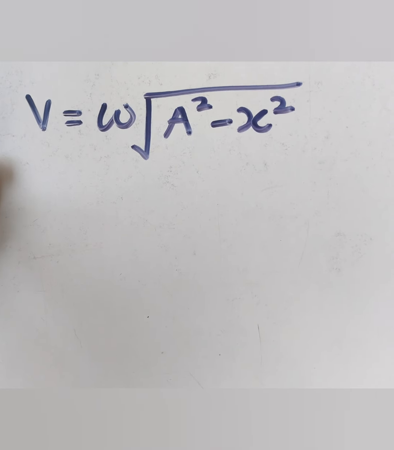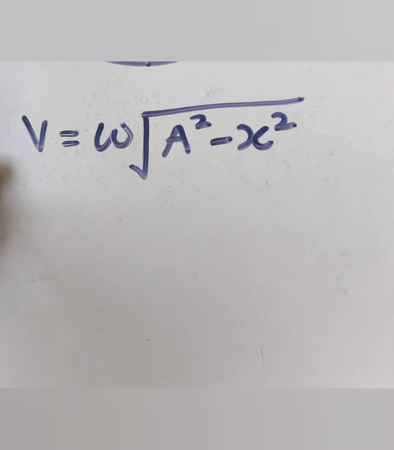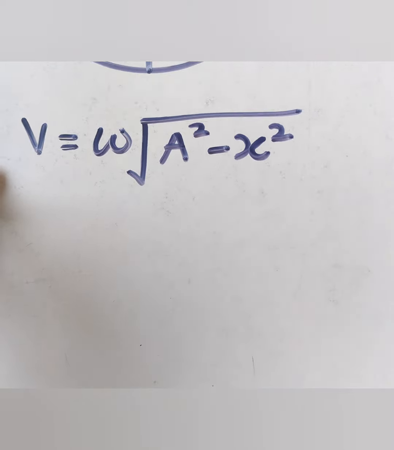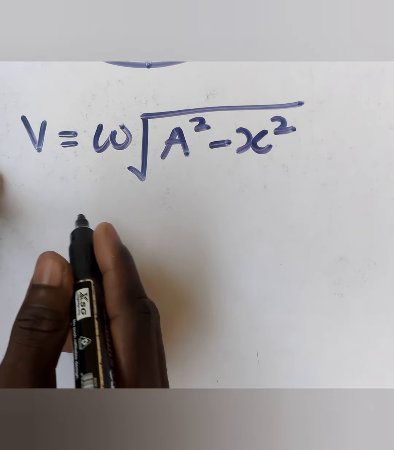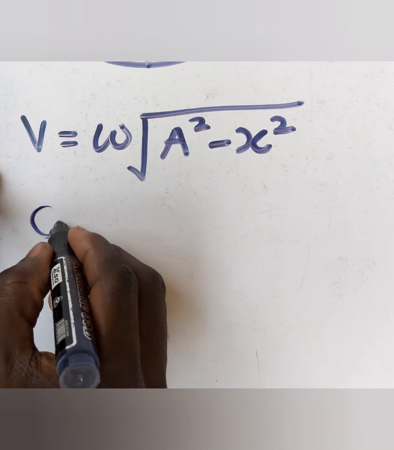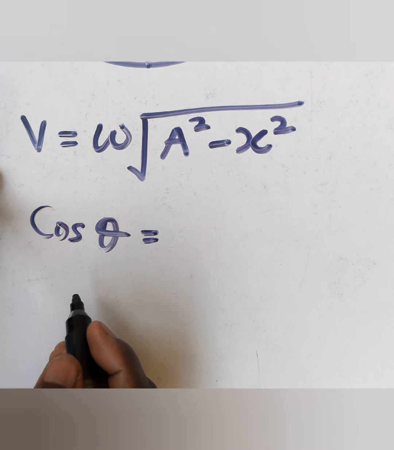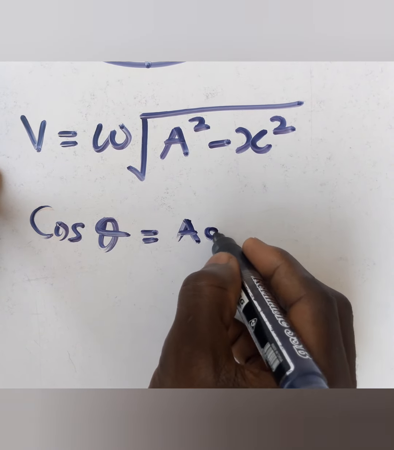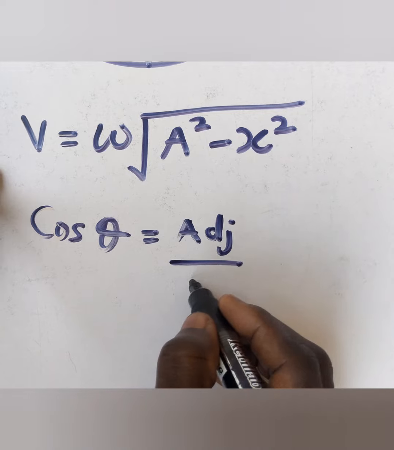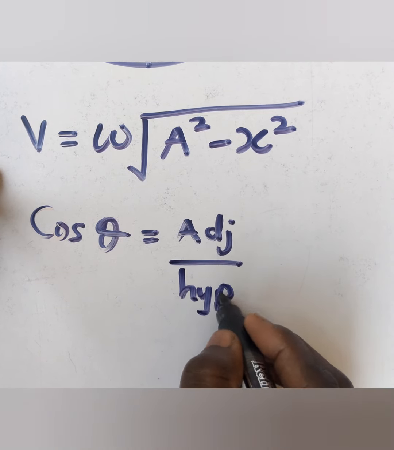Cos theta will be equal to adjacent divided by the hypotenuse.